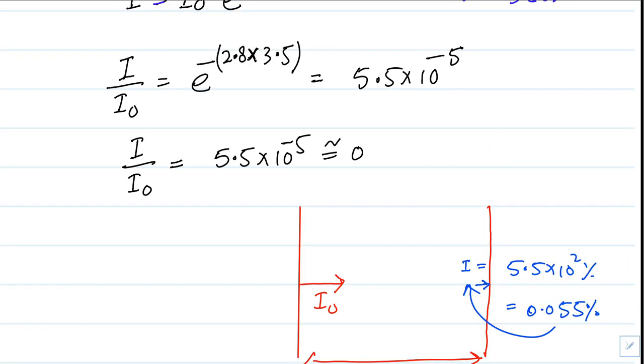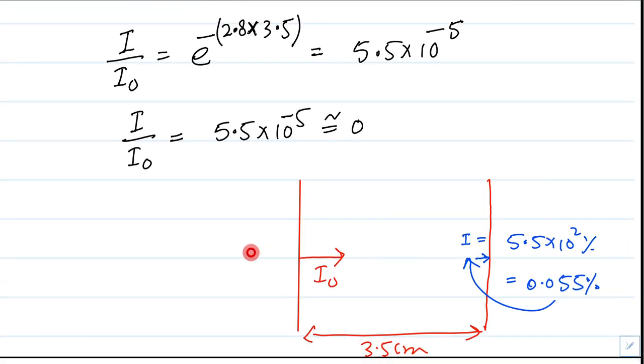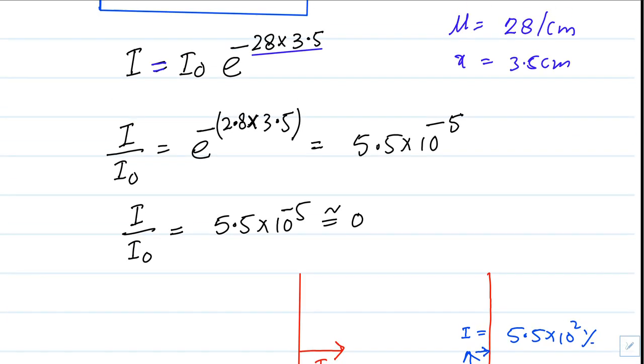But whenever it is said that it has been incident on the interface or on the boundary, it means there is no attenuation. Here is the reflection or transmission. But when it enters the material, then it will be attenuated.